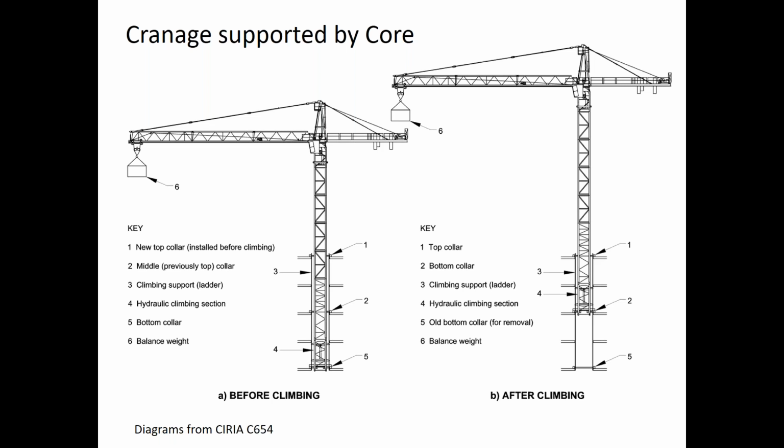Typically, there'll almost certainly be quite a few levels of backpropping. The moment due to the mast and the horizontal offset of the load being lifted will result in push-pull horizontal forces that again are taken by the concrete slabs.